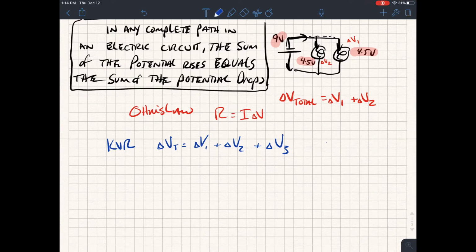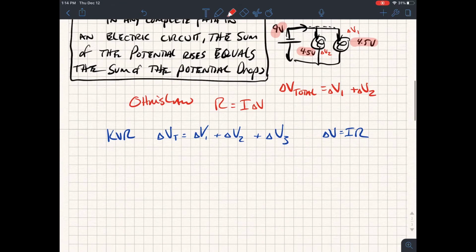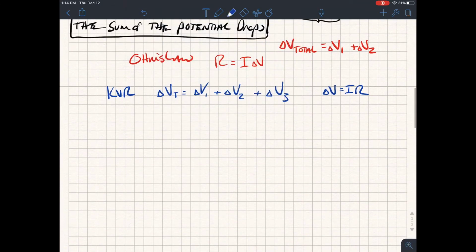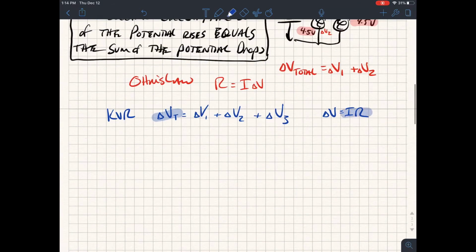However, from Ohm's law, we know that delta V is equal to I times R. So we can rewrite these with IR. So we have I total times R total is equal to the current at position 1 and the resistance at position 1, plus the current at position 2 multiplied by the resistance at position 2, plus the current at position 3 multiplied by the resistance at position 3.